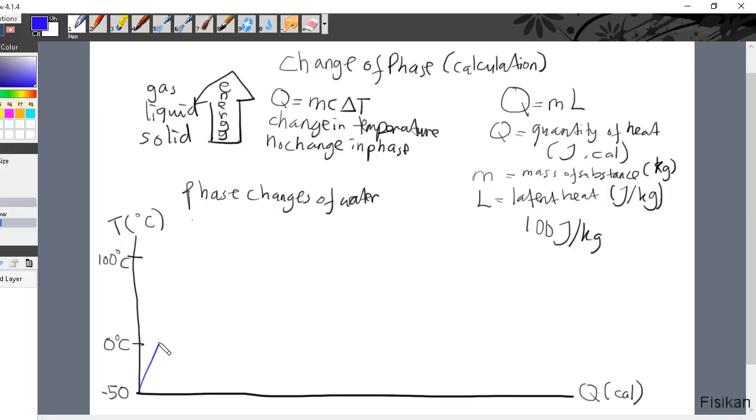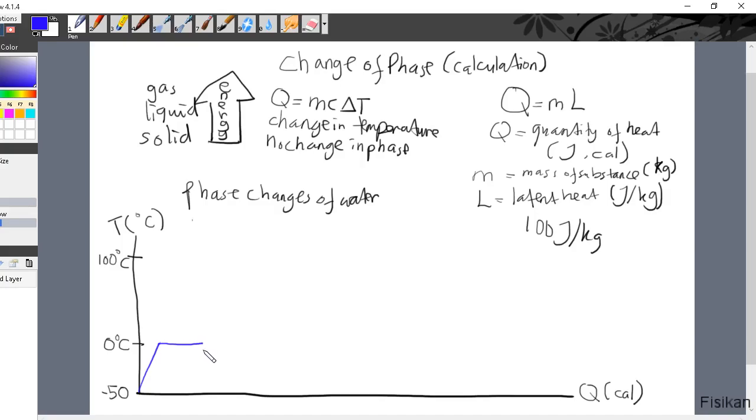When a solid wants to change into liquid, it requires a process. It is not an instant process. So this is the process of changing from solid water to liquid water. And then at this point it will all be liquid water, no ice at all.